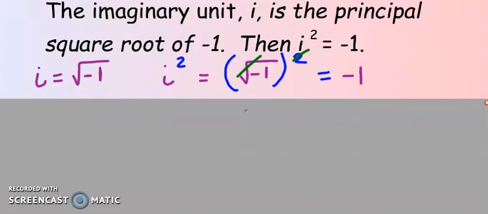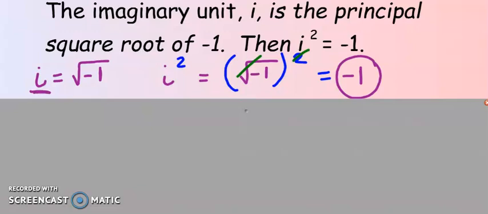So when we start working things out today and start figuring out complex answers or solutions, sometimes we'll end with an i squared. When we do that, we need to make sure we change it over to -1 and simplify that portion of it. So if we have an i, it stays i.